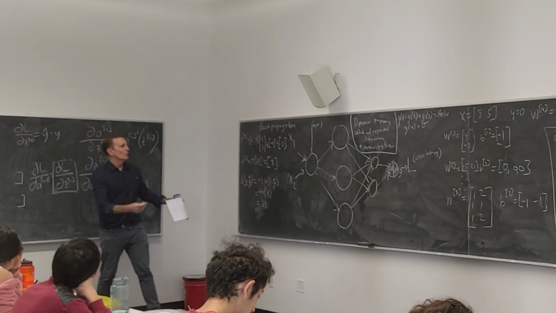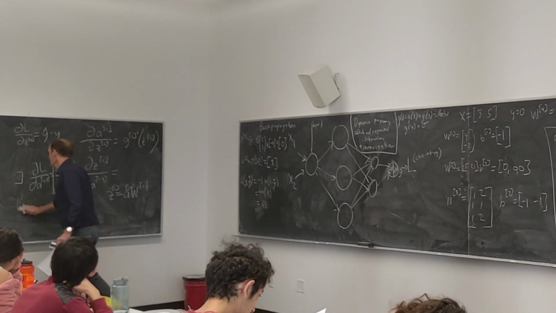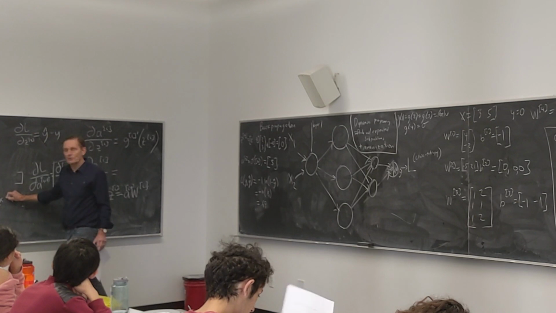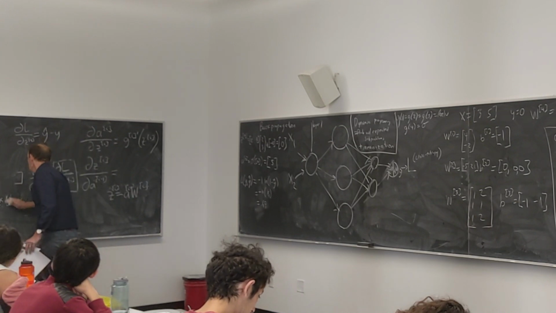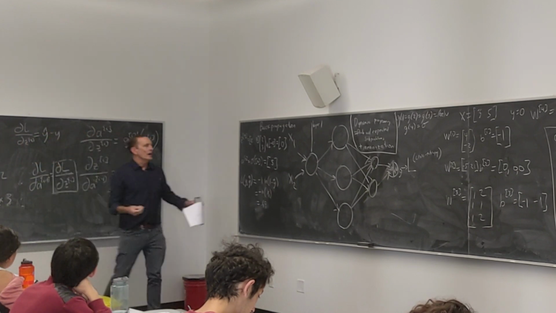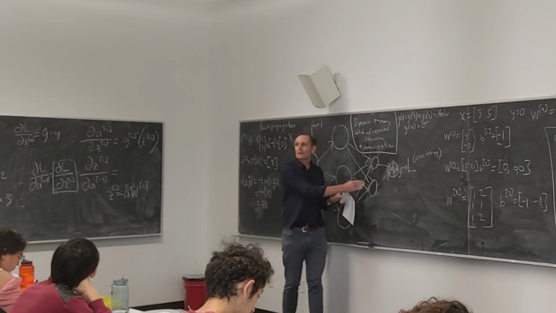So let's make this one be 1 by 3 and 1 by 2. So at this level we have 3, at this level we have 2. What does this weight matrix look like?